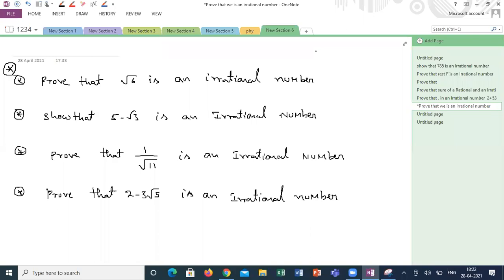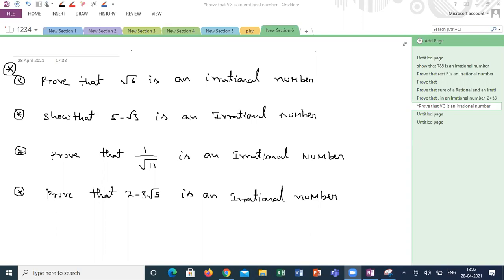Why the first one? What happened? I didn't get the answer. I got confused, sir. I don't know how to approach the question. So shall we take it as root 2 into root 3? Yes, you can take.